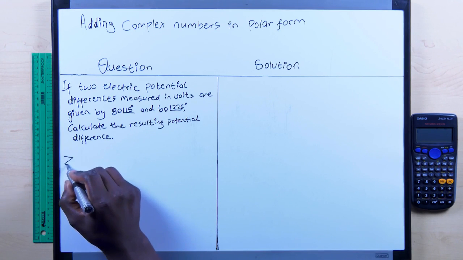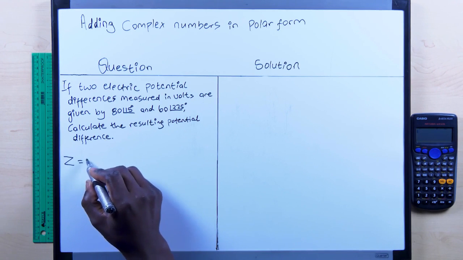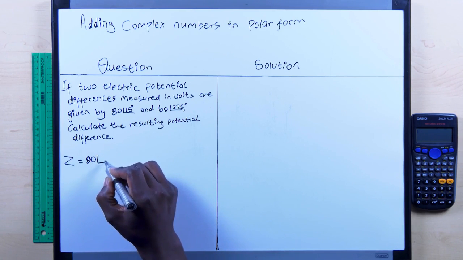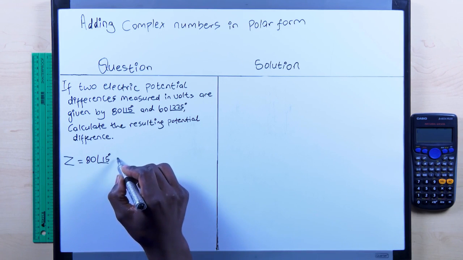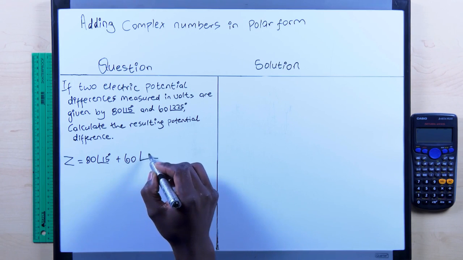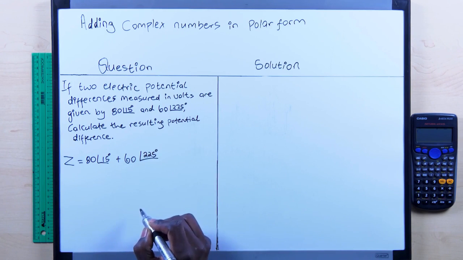Therefore, we can express this as Z equals 80 at 15 degrees plus 60 at 225 degrees.